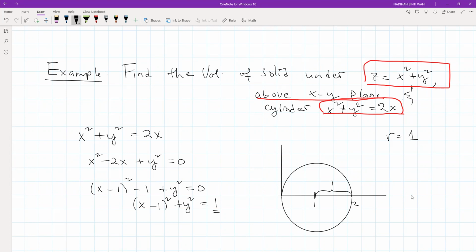Okay, so apa dia punya problem kat sini? Sebab kita nak cari dia punya boundaries. Boundaries untuk R. Okay, so R dalam kes ni, apa dia punya function?